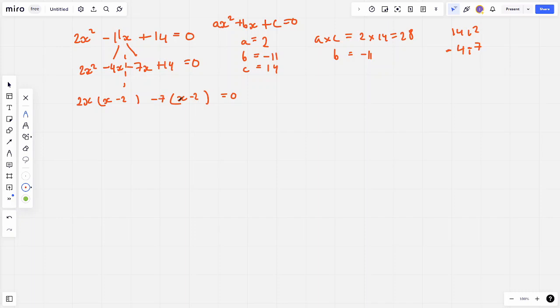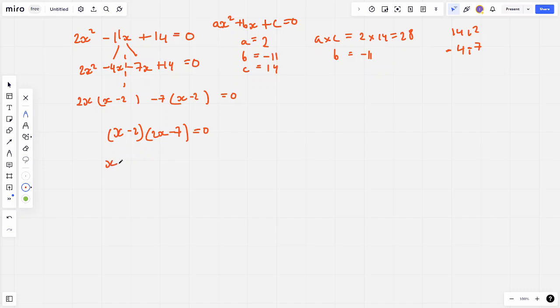So you've got minus 7x, and then when you times it on the other side, you've got minus 7 times minus 2, which is a positive 14, as the signs cancel through. Brilliant. So what we do now, we just clean up by getting our two brackets, which is our x minus 2, common, and then everything outside the brackets, which is 2x minus 7. So it's 2x minus 7 equals 0.